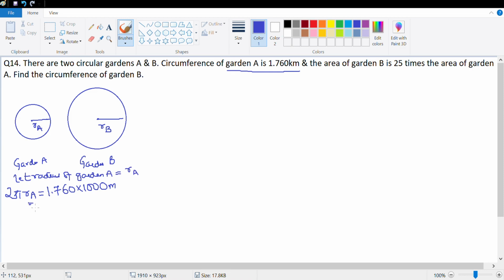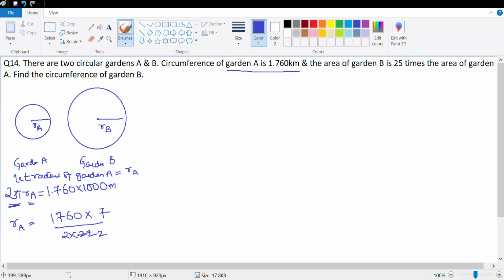Perfect. Let's just calculate the value of RA. So RA would be equal to 1760 into 7 upon 2 into 22. I converted pi into 22 upon 7 and took it on the other side. Let's see if this can be divided. Yes, this will be divisible by 11.